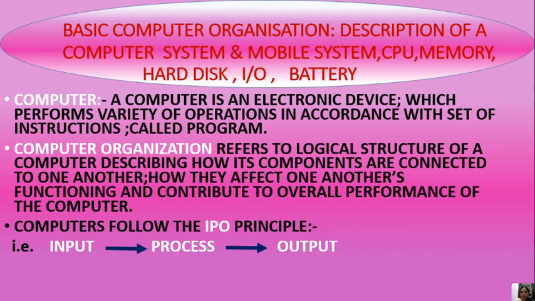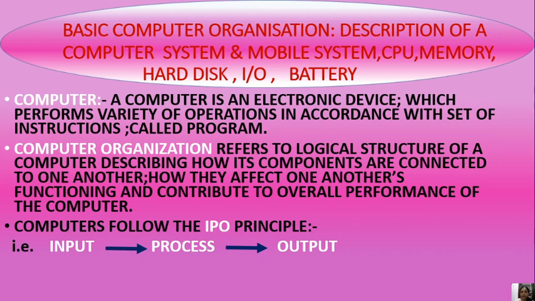A computer is an electronic device which performs variety of operations, means variety of functions, variety of works, in accordance with, means according to, a set of instructions, and that set of instructions is called a program. So this is the standard definition of computer.